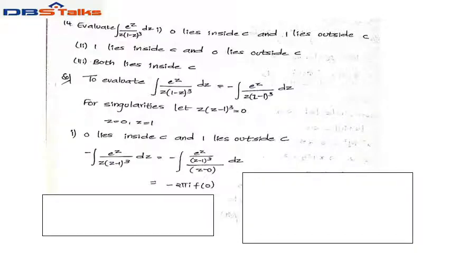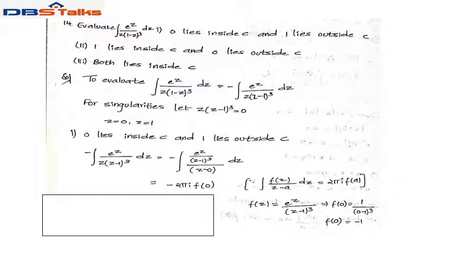So minus the integral of [e power z by (z minus 1) whole cube] by (z minus 0) in the denominator, dz, that equals minus 2 pi i into f of a. Here a means f of 0.